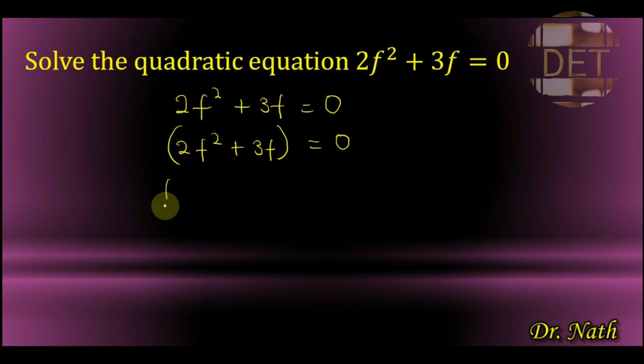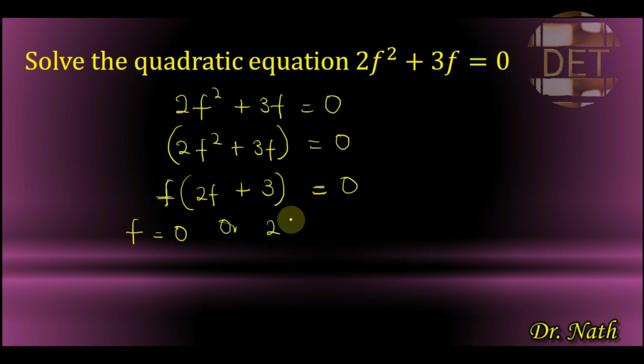So I will bring that f out of the equation, open a bracket for it. What will be left here is 2f plus, what will be left here is 3, bracket close, is equal to 0. So f times 2f will give you 2f squared, then f times 3 will give you 3f. Having done this, my f now will be equal to 0, that is this f will be equal to this 0, or 2f plus 3 will be equal to 0.